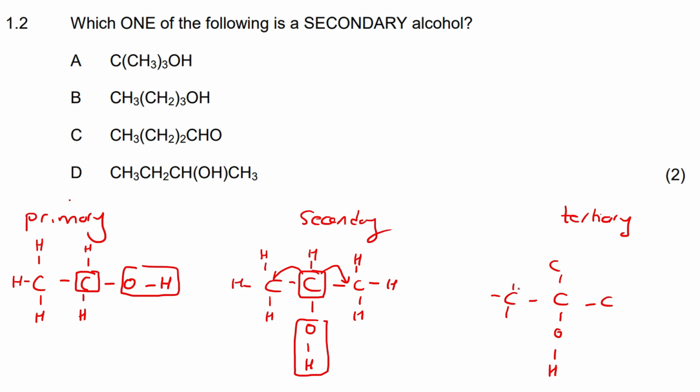And then obviously hydrogens everywhere. Just to save time, I'm not going to put all the hydrogens in. Step 1, look at the OH. Step 2, look at the carbon touching the OH. Step 3, how many carbons are attached to that one? 1, 2, 3. That is the difference between a primary, secondary, tertiary. You can also use this when you are looking at primary, secondary, and tertiary haloalkanes.